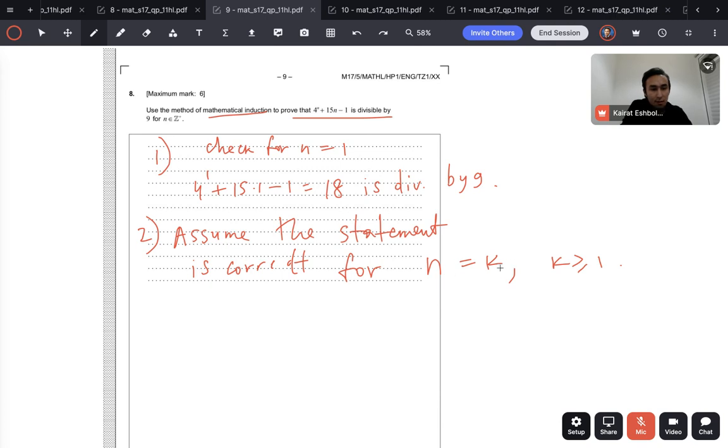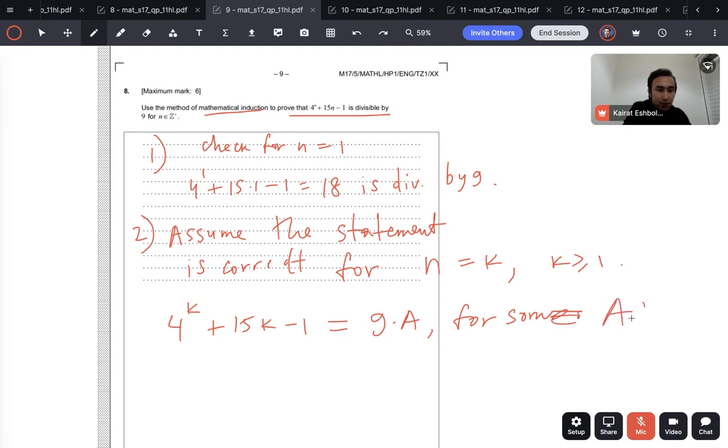So it's true for n equal to k. That means 4 to the power of k plus 15k minus 1 is divisible by 9, which means it's equal to 9 times a, for some a element of the integers.